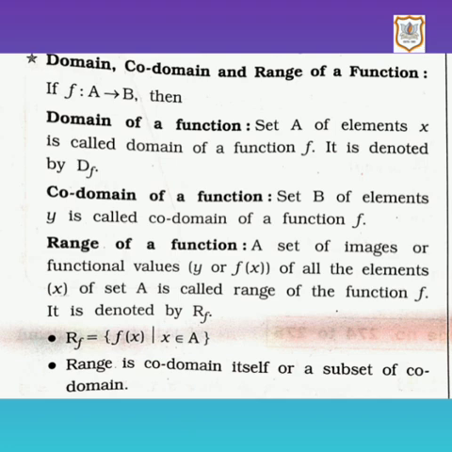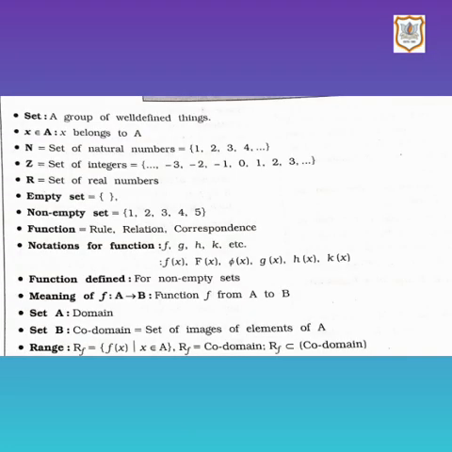Now let's have a quick revision of what we studied. Let's have a look at the basic things of the chapter. First is set. What is a set? A group of well-defined things. It can be numbers, letters, or names. Second, x belongs to A, and the sign of belongs is written here.